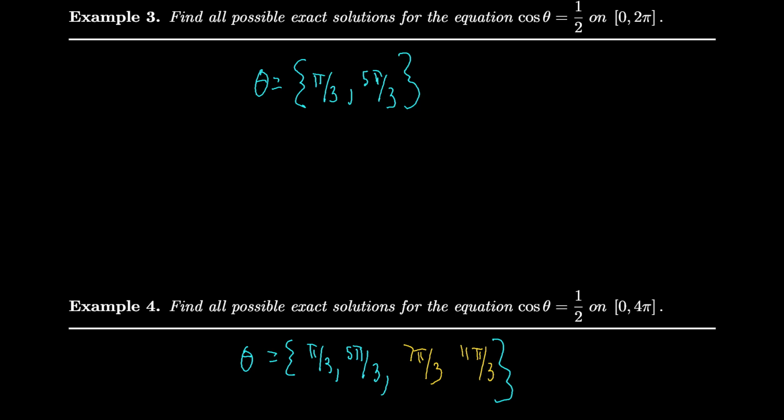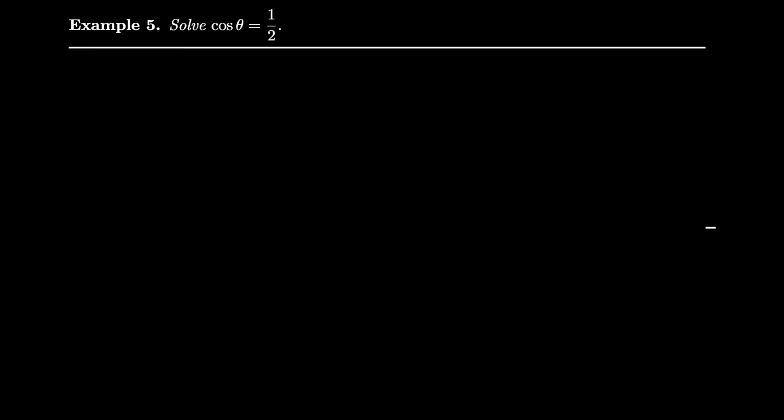So let's just take that to its logical conclusion. Solve cosine theta equals 1/2. Is there a domain restriction up there? No, there isn't. So you can spin around positively as many times as you want, negatively as many times as you want. Any cosine you want.